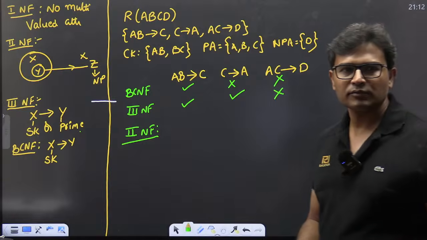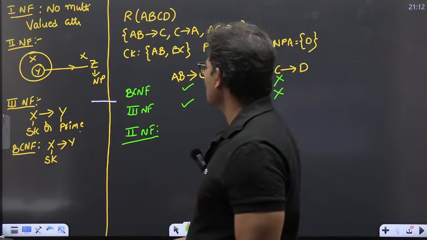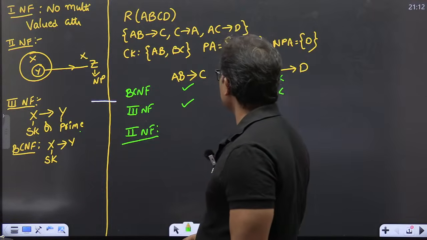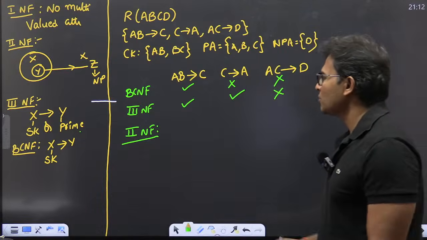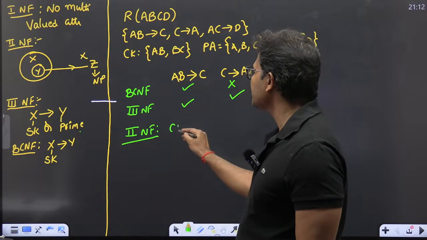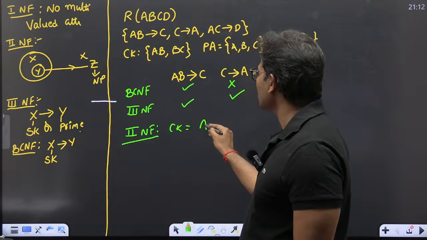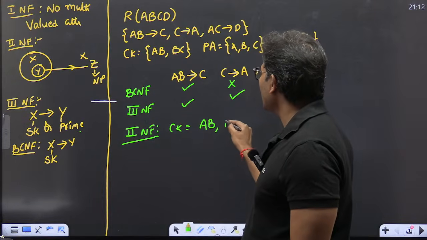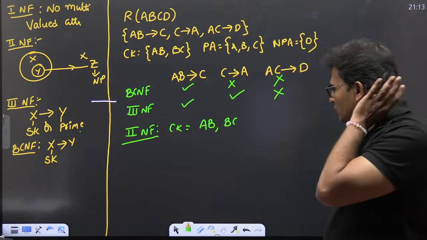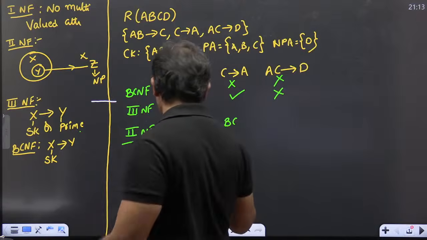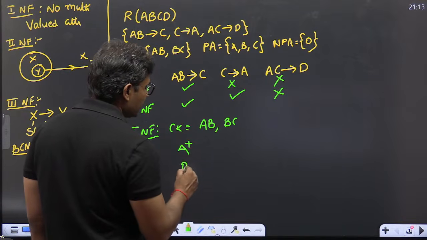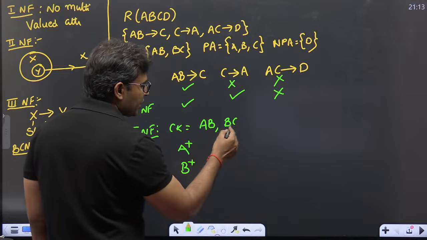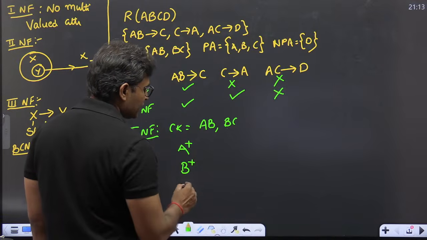Okay, so we are talking about second normal form. What are the candidate keys? One is AB and the other is BC. So you have to find the closure of all the partial keys: A plus, B plus, which is already found, and C plus.